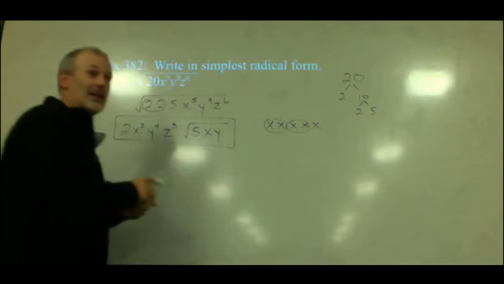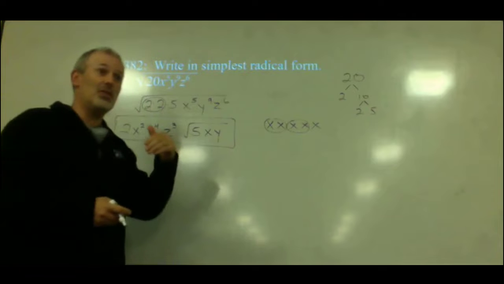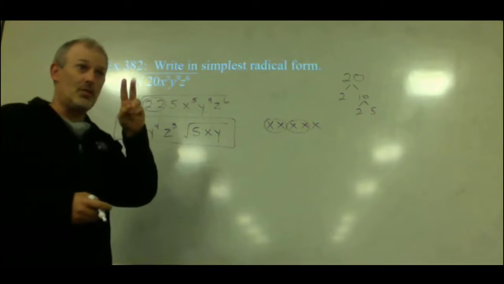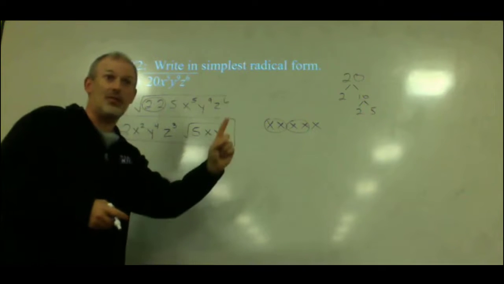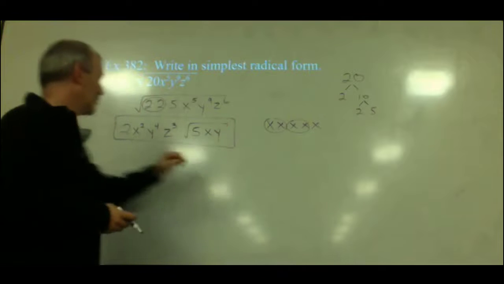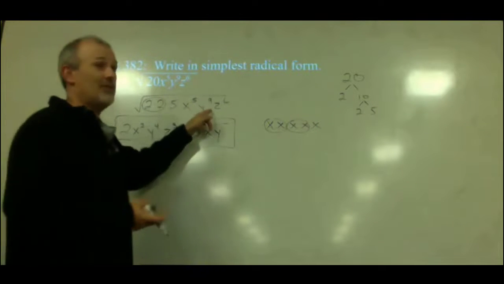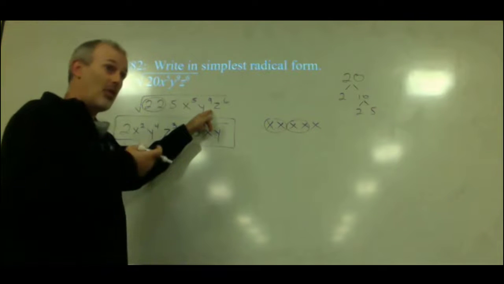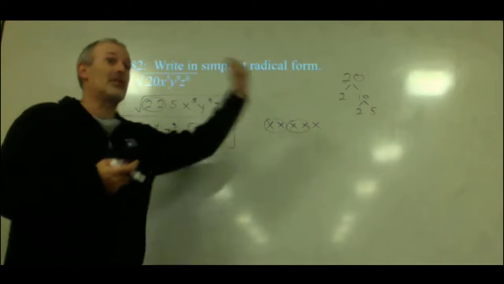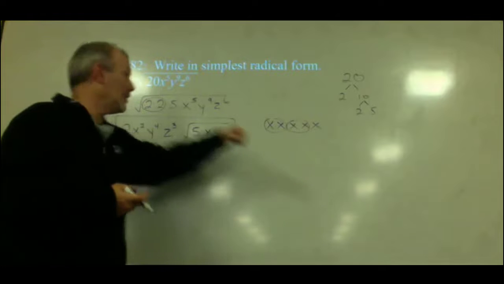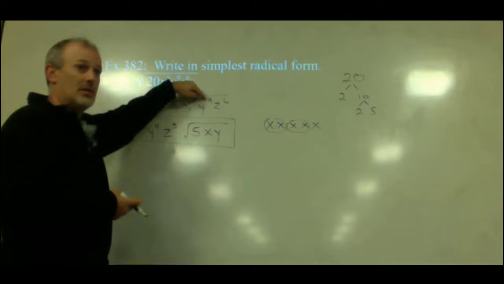So it's like dividing. If you take 5 and divide by 2, you get 2 with a remainder of 1 left over. So here's your 2, and here's your remainder of 1 left over. Same thing with 9. If we divide by 2, it's 4 with a remainder of 1.